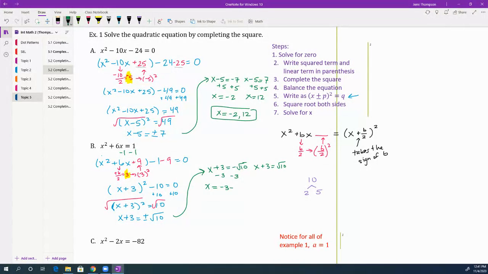I'm just going to write them as an expression. Negative 3 minus square root 10. And it's the same thing on this side. Now this is negative 3. This is a positive square root 10, so I'm going to write positive square root 10. You'll notice that these are the same. The only thing that changes is the number in front of the radical.